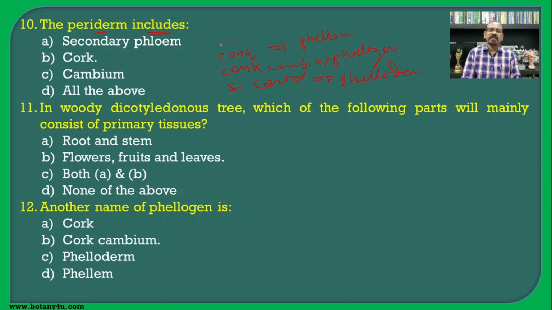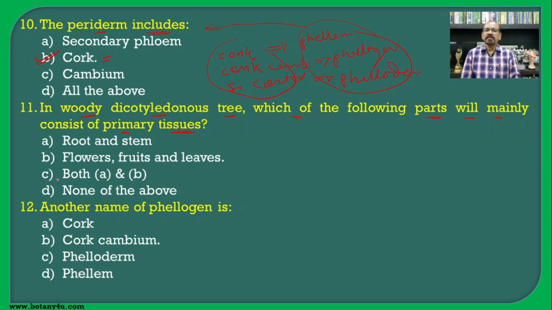So either we can give these three names or these three names for the periderm. So out of that we have now the cork. So it becomes now the answer for this question.